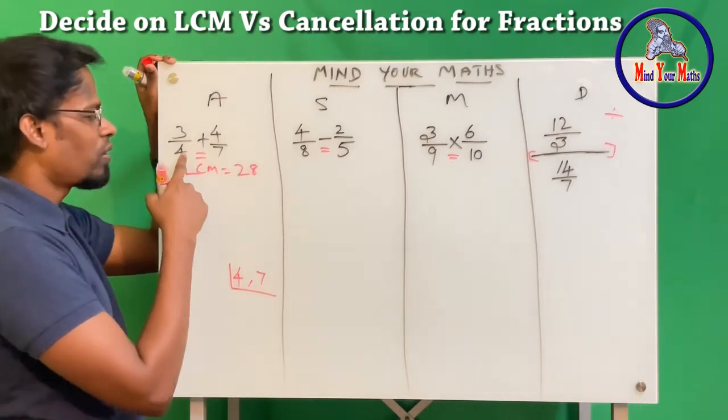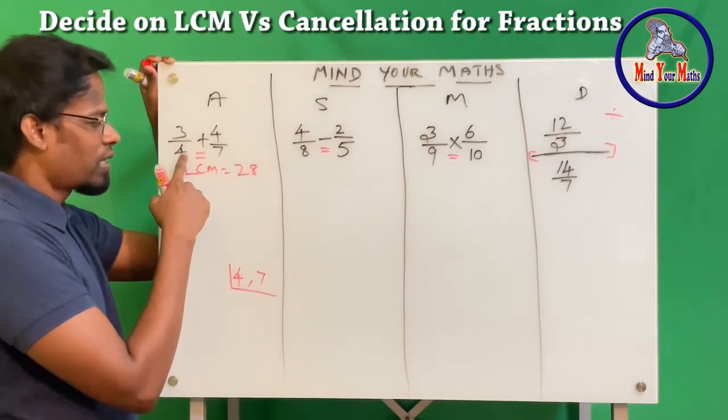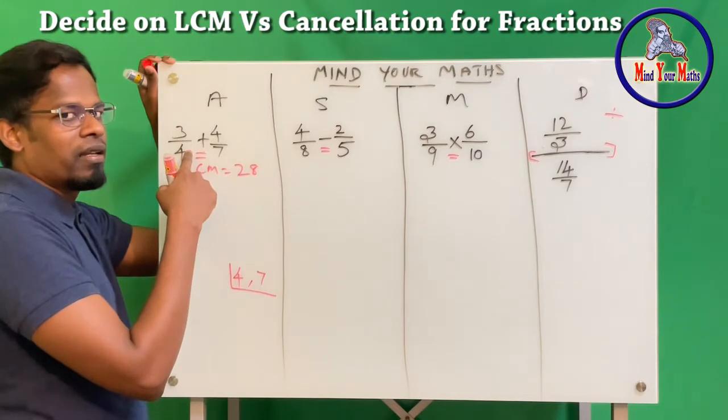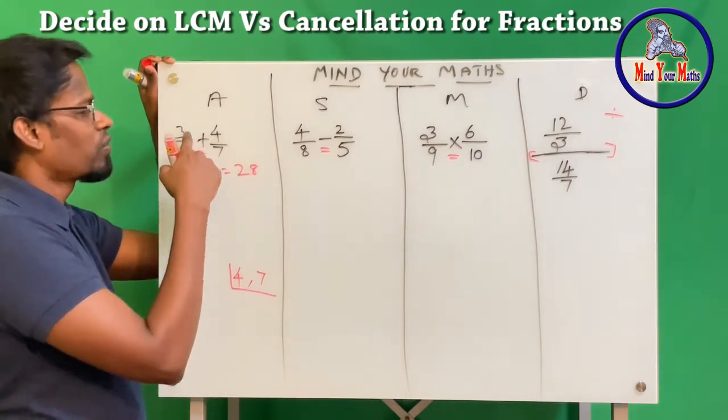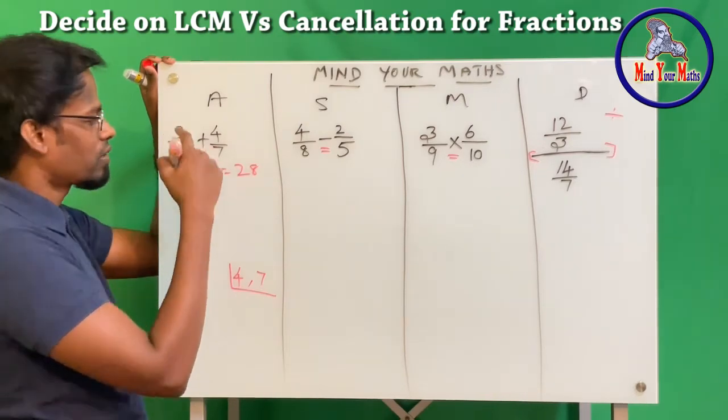How do we make the 4 become 28? We multiply by 7, and because we are multiplying the denominator by 7, we have to multiply the numerator by the same number as well. So let's do that.